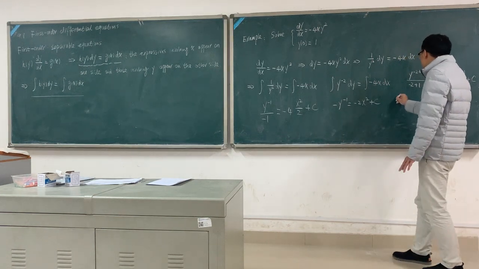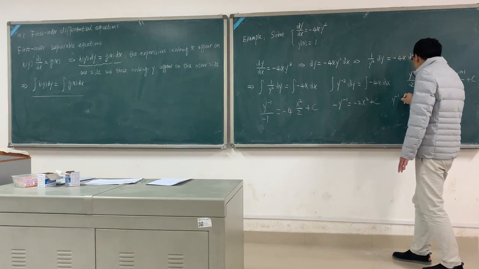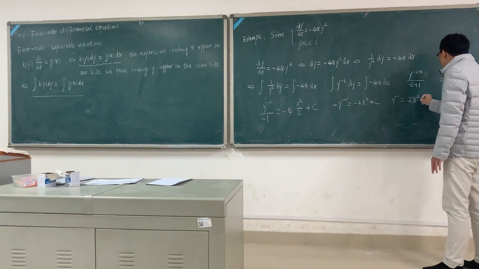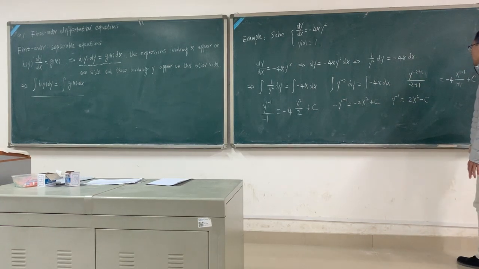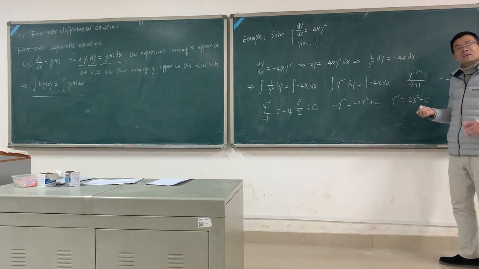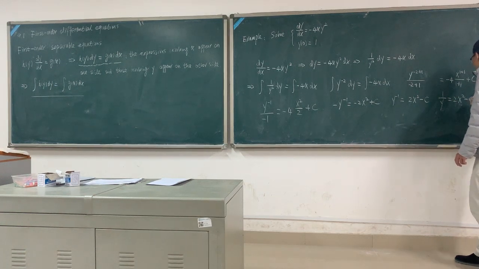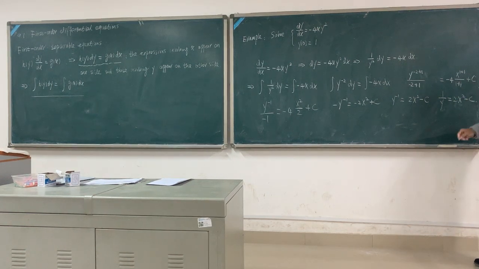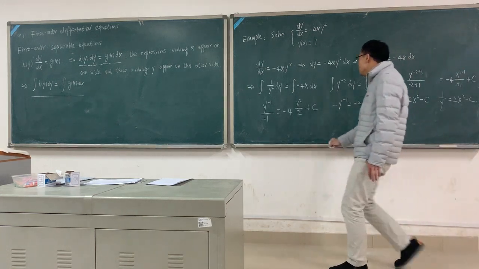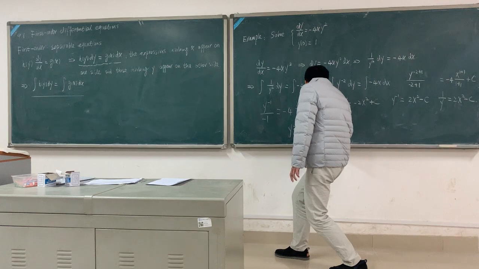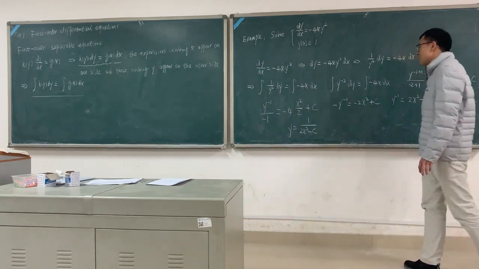So y to the power minus 1 is 2x squared minus c. And y to the power minus 1 is 1 by y, so 1 by y equals 2x squared minus c. So y equals what? y equals 1 by 2x squared minus c.